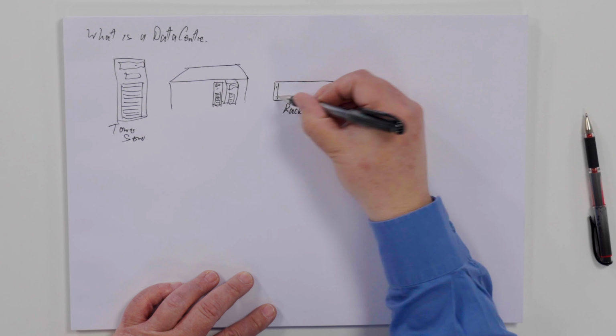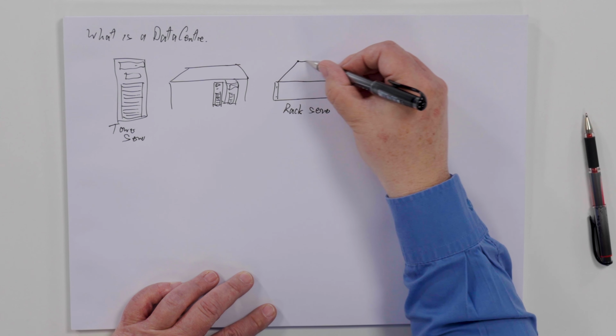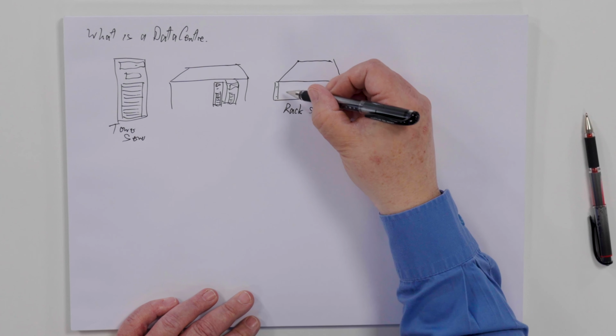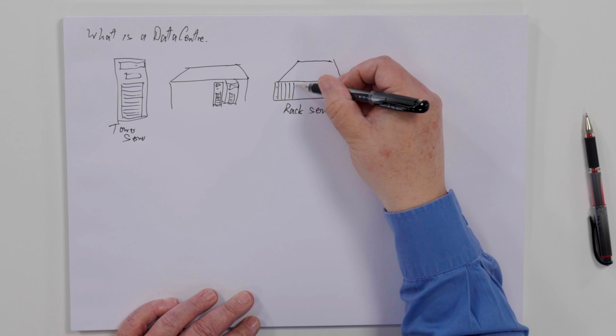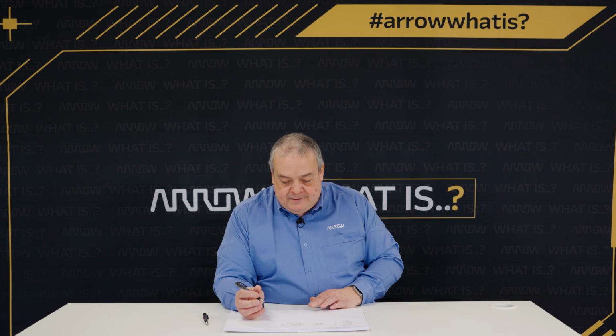And again, some pretty pictures just to add to this. So all of the information that previously we would have run on a tower server, we're now moving into the rack server space. So this provides us with more growth, more capability, more functionality, the option for more connectivity.